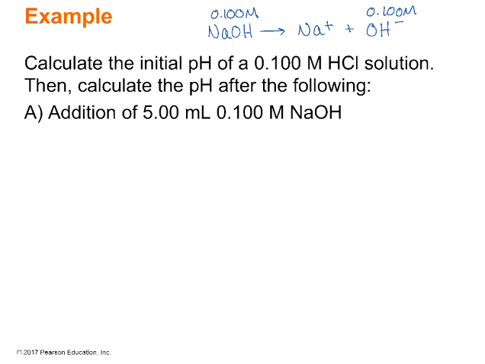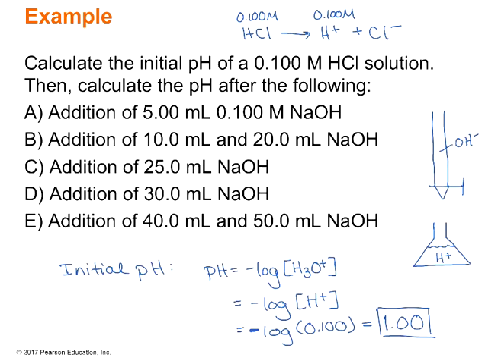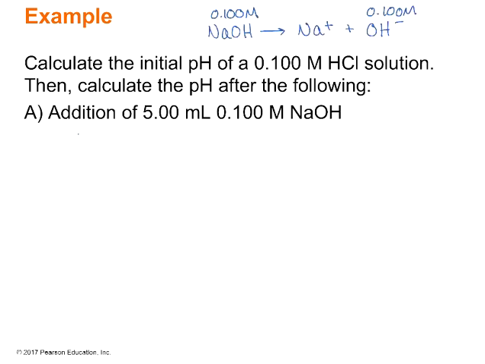All right, so let's calculate how many moles of acid we have. So initially we're starting with, let's go back. Oh, I didn't tell you how many milliliters of acid we're starting with. So let's say that we're starting with 25 milliliters of HCl solution.